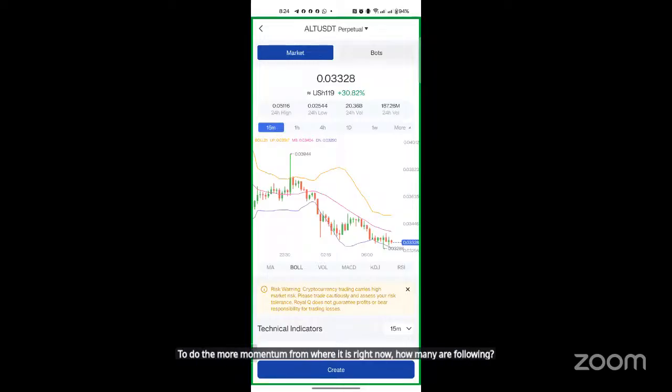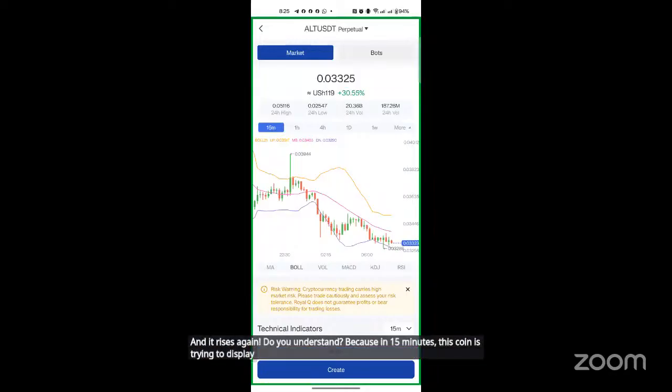This coin could have the power to build a new momentum and rise again. Because in 15 minutes, this coin is trying to display a very clear picture that, my friend, I have been oversold and I want to get in.